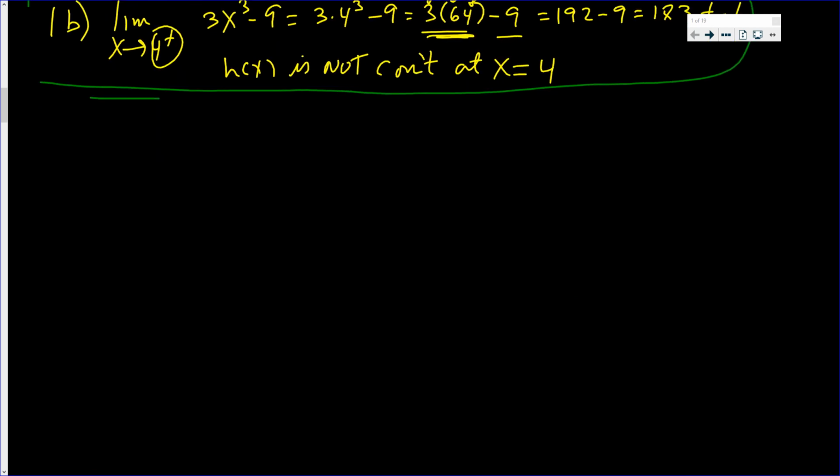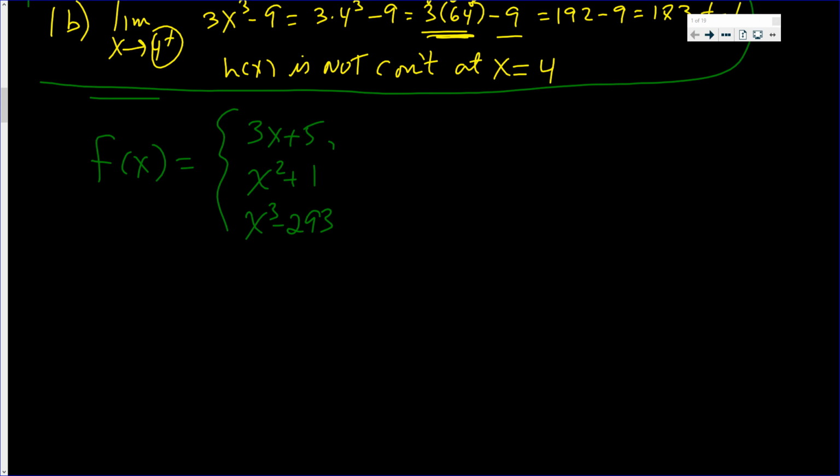Let's look at another function. Let's call it f of x. And f of x is a piecewise function. You have 3x plus 5. That's one rule. Another rule is x squared plus 1. And the third rule is x cubed minus 293.